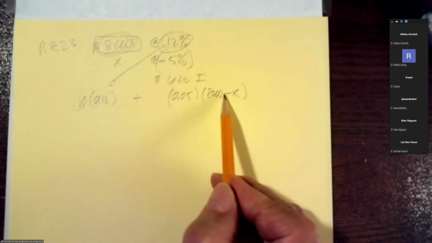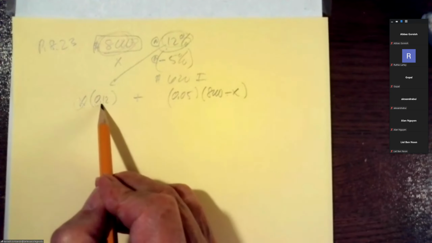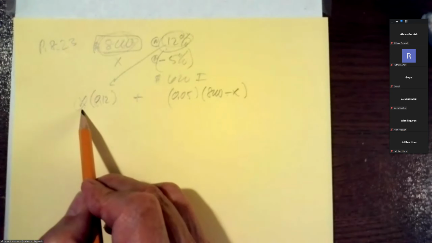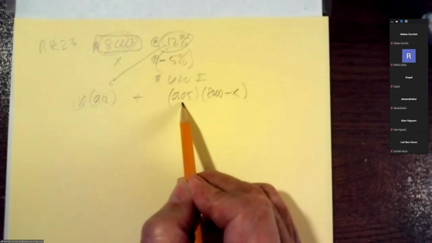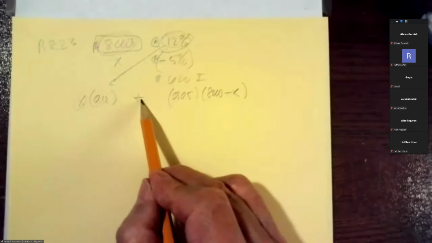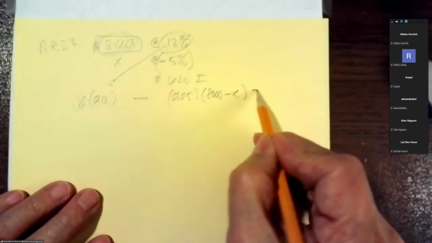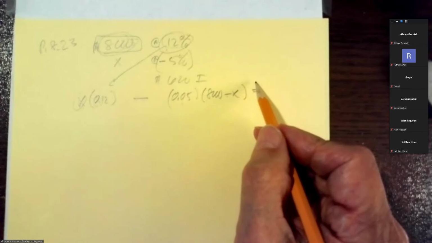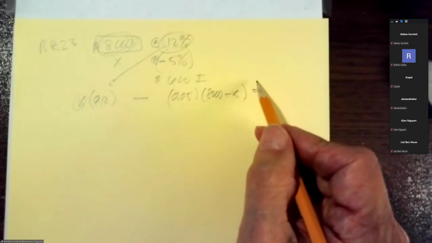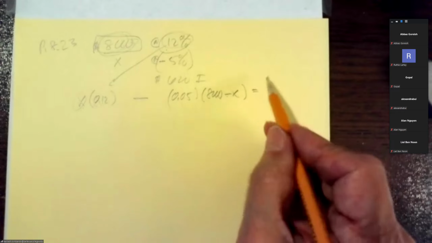Okay. So our equation then is 0.12X. And then this was a loss, so instead of getting a gain, we're going to have a loss. So I'm going to put a negative here because this was a loss. And the total return, it said, was 620.